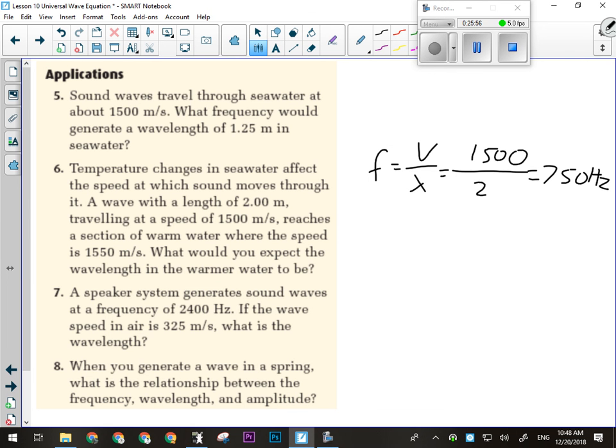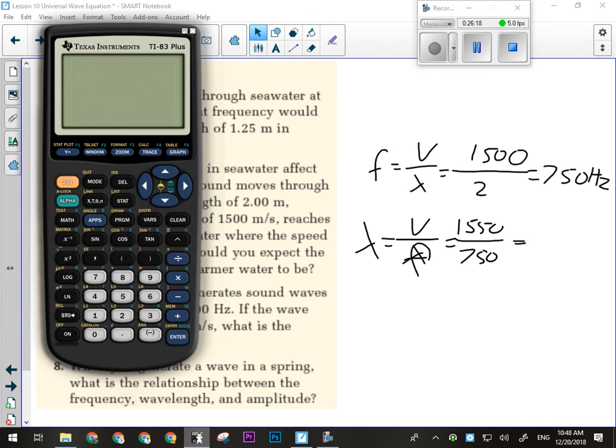The frequency is also 750 hertz where it's traveling faster, and now I can find the wavelength in that faster water by going v over f: 1550 divided by 750 hertz gives me the new wavelength. So they're now 2.07 meters long instead of 2 meters long.